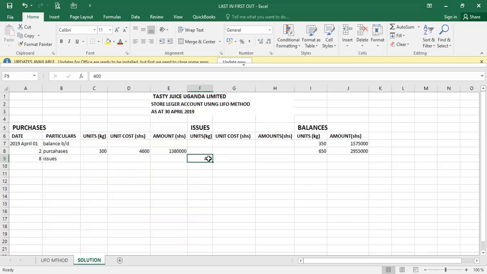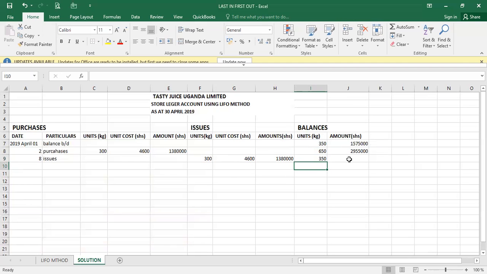We first give out the 300 at a cost of 4,600, multiply it by this, and you get that. Then we reduce this one to get the cost, this minus this, so we shall be remaining with that.